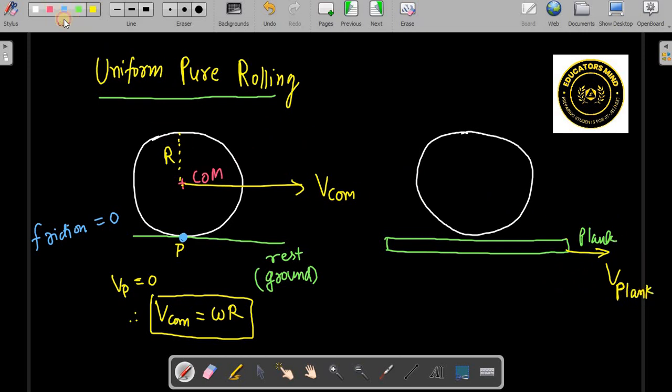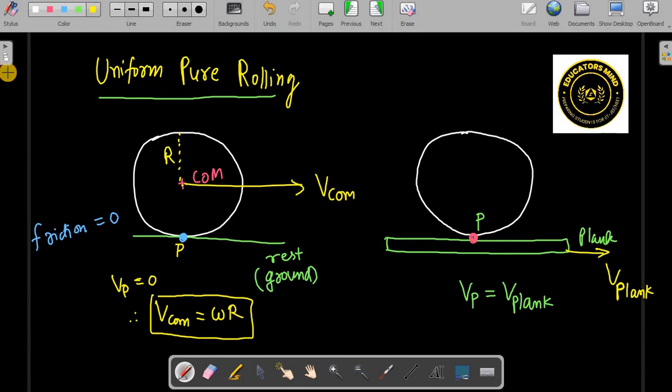So what about the point of contact? If you want that there is no sliding happening, or pure rolling happening, then the velocity of this point P, the point of contact, must be the same as the velocity of the plank.